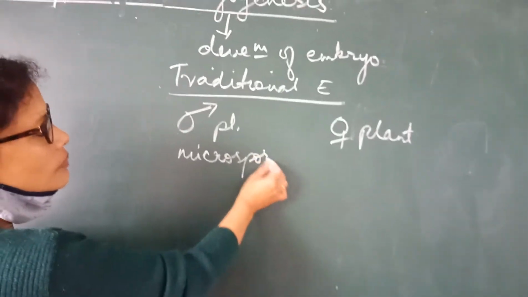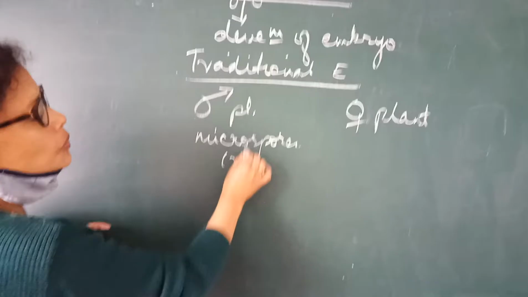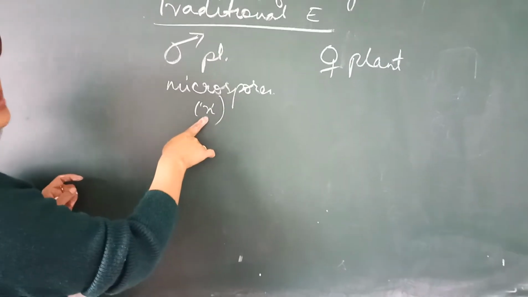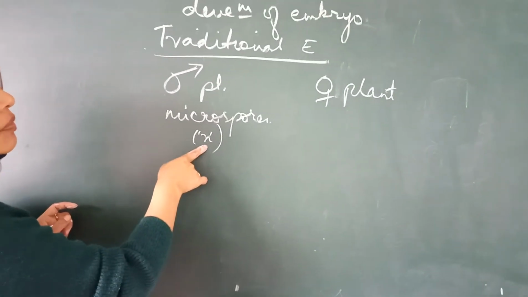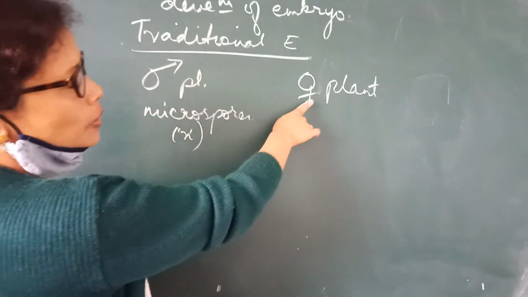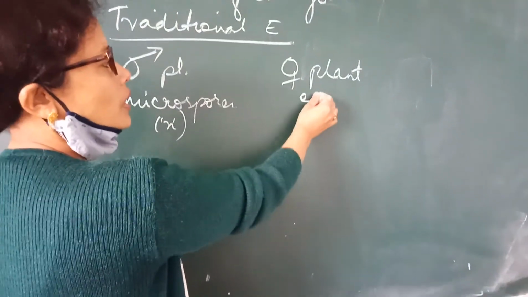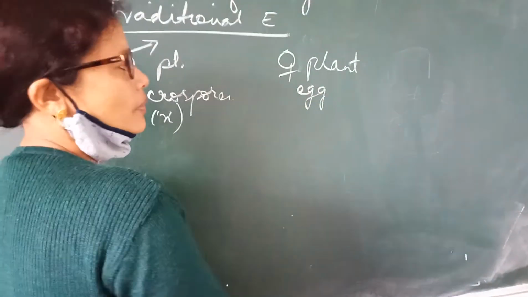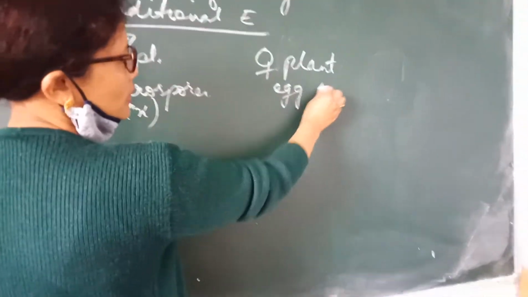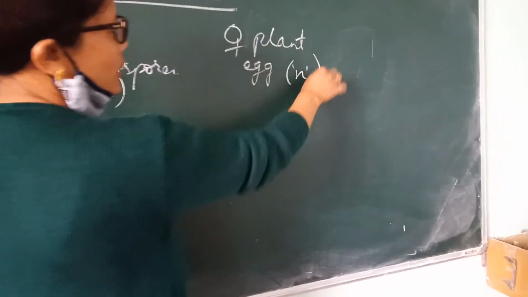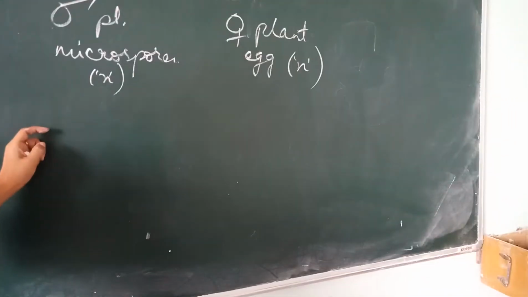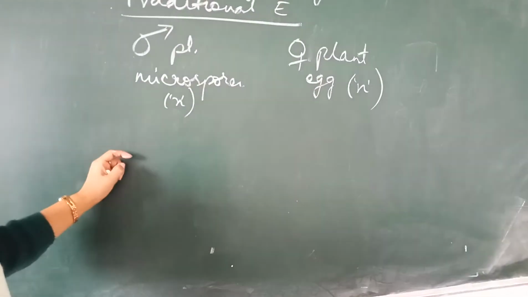These are the reproductive unit and represented by this n number of chromosomes. When we talk about the female plant, we are talking about the egg, and they are again represented by this n number of chromosomes.